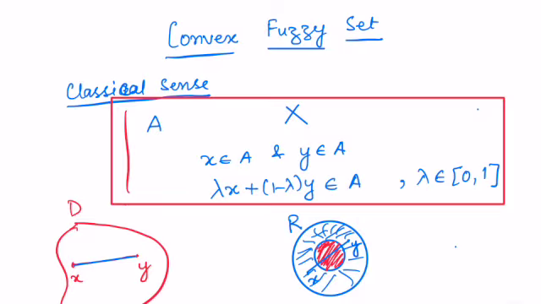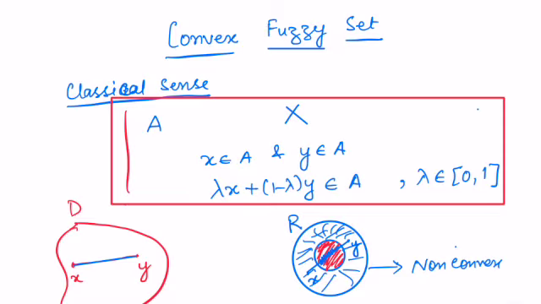No, this line lies outside this region, in the gap region. So that is why this set is not convex. This is a non-convex set.